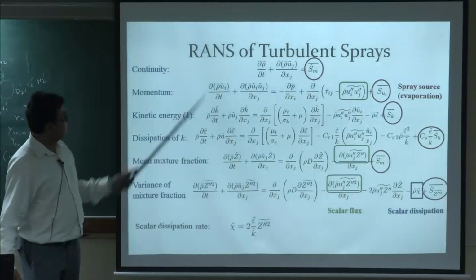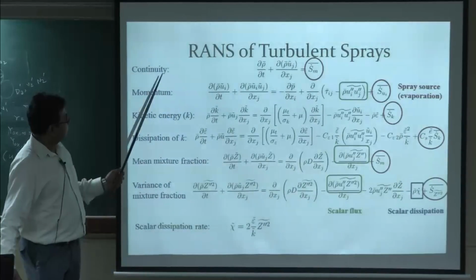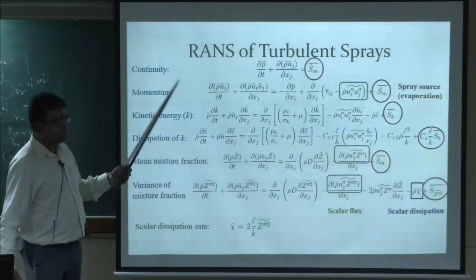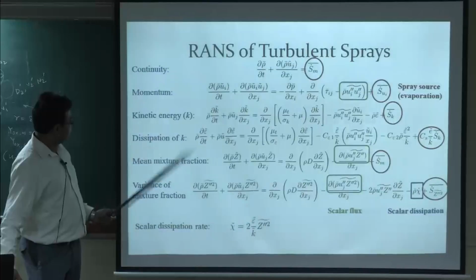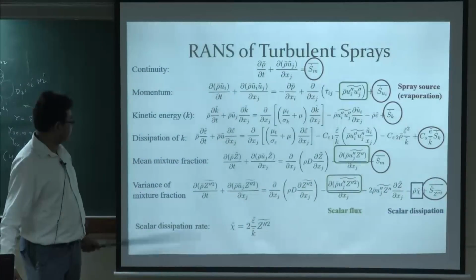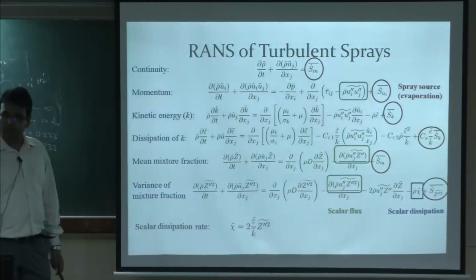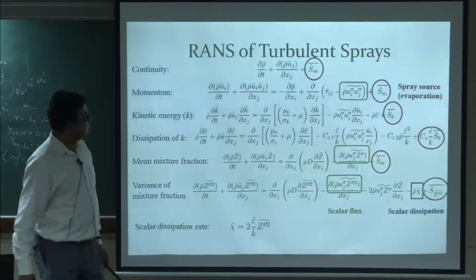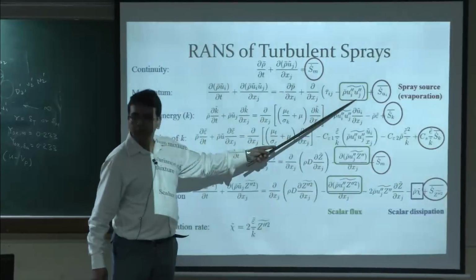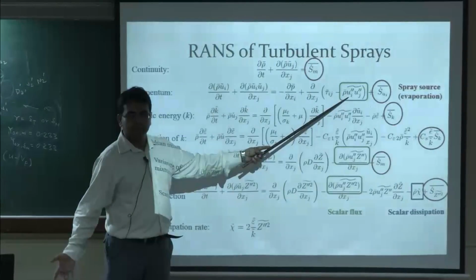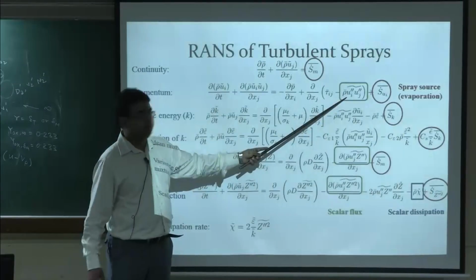In the RANS, after the Reynolds-averaged Navier-Stokes equations of the turbulent flow, we write the gas phase equations: the continuity equation, momentum equation, kinetic energy, the dissipation of kinetic energy, mean mixture fraction and mean variance of mixture fraction. These are the set of equations that we are solving, and most of you are familiar with this. These are the terms that we need to model, which is quite common to gas phase combustion or any turbulent flow.